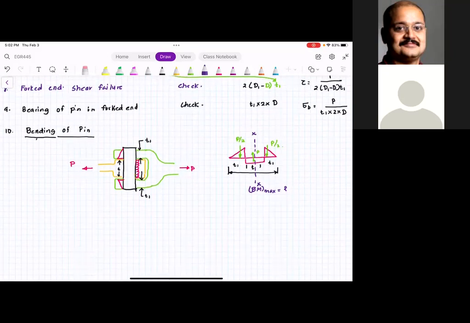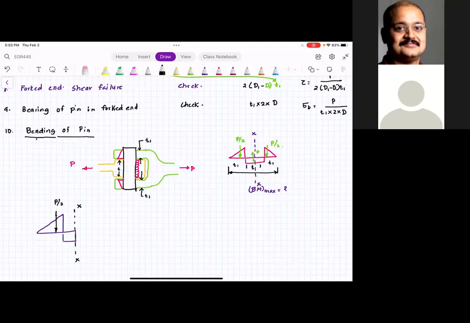If I were to look at the bending moment, it's going to be something like this. This is my section XX. You agree with me? This is my load P by 2. Why P by 2?